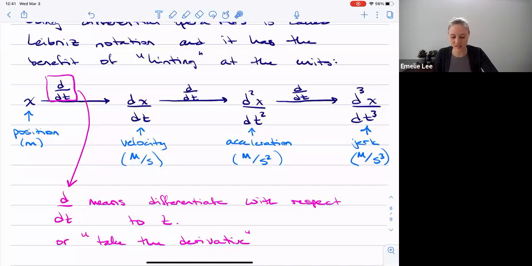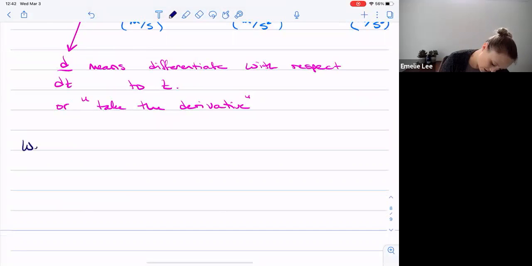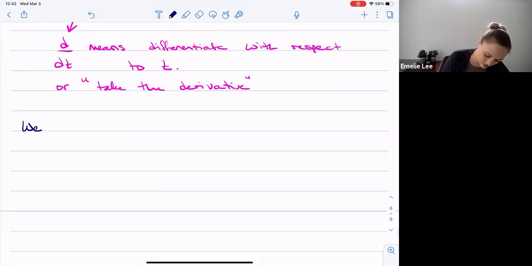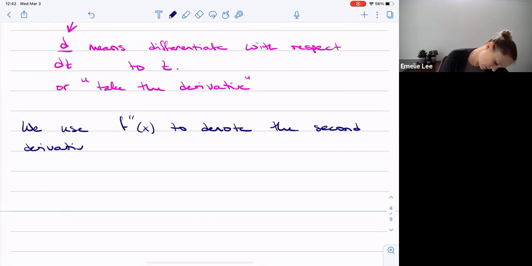But you do need to see that those all mean the same thing. Okay. So let's see here. We use f double prime of x to denote the second derivative, which is the derivative of the derivative.